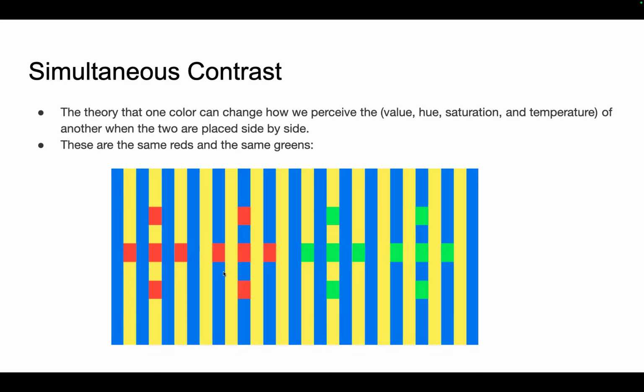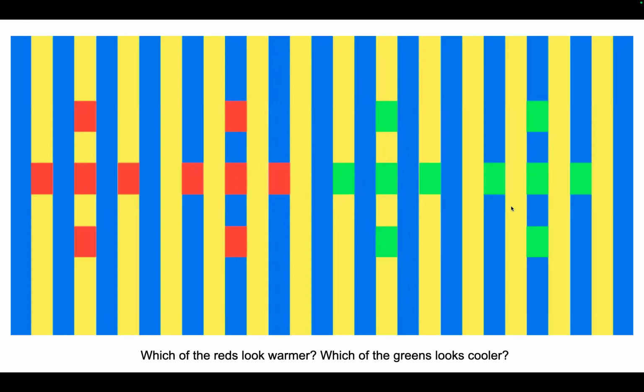It looks a little different on the projector, but I think you could still tell. Which one looks like it has more reds and oranges in it? Yeah, it's the middle one, right? Okay, we can see a little better here, right? So this red looks a little warmer. This one looks a little more cooled off. This green looks a little cooler, and this one looks warmer.